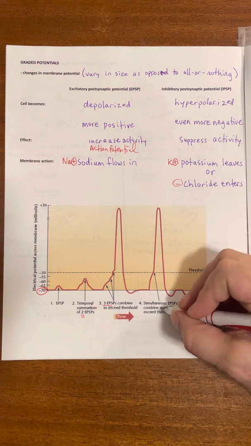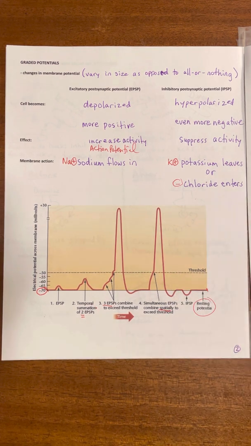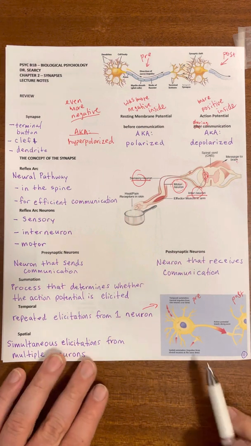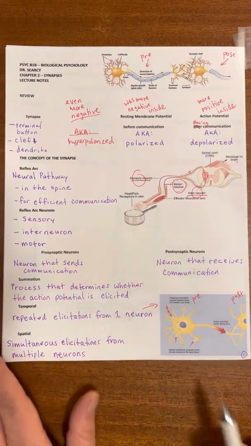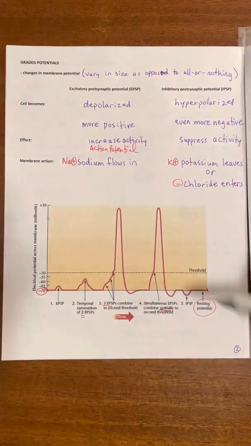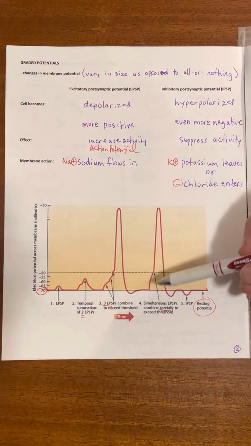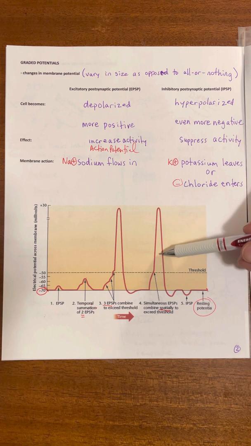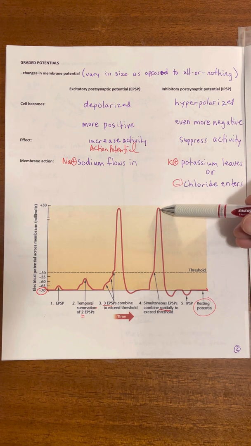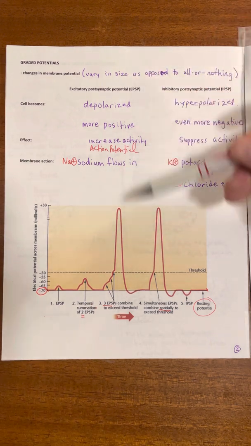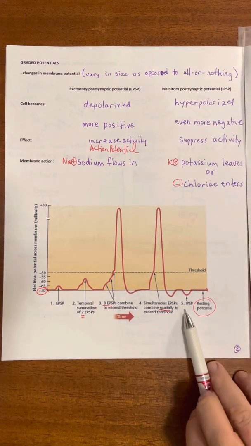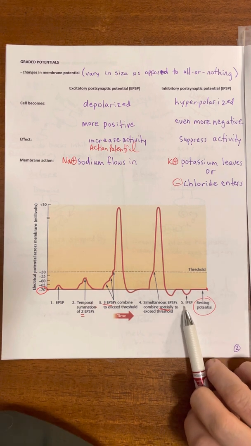So here is that spatial summation, the one where we were saying that different dendrites are being stimulated at the same time. That also here is leading to an increase in positivity inside the cell, and so also causing the depolarization, the action potential.